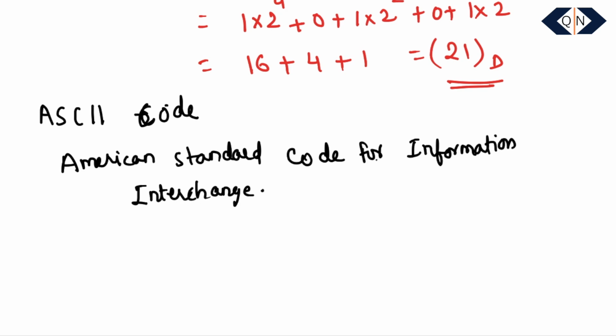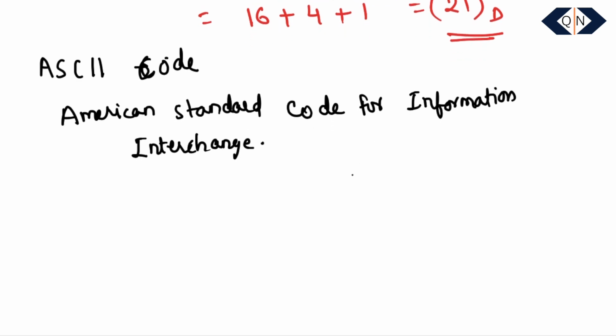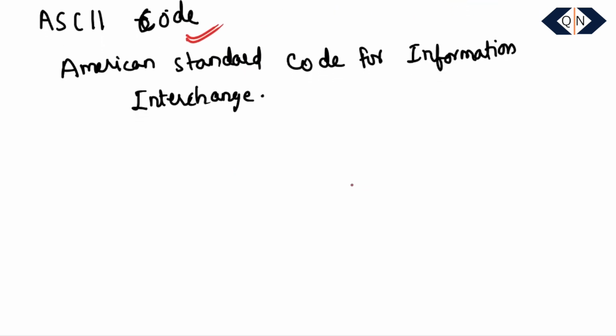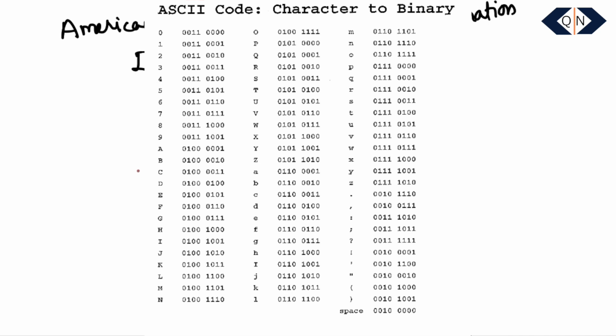So what happened? We have lots of symbols in this world, and there should be a certain code assigned to each particular symbol so that there should be no confusion among the users across the world. So there is a standard set of codes assigned to every symbol. I will be listing these symbols. You can see the image here. No need to memorize these symbols. It is not necessary.